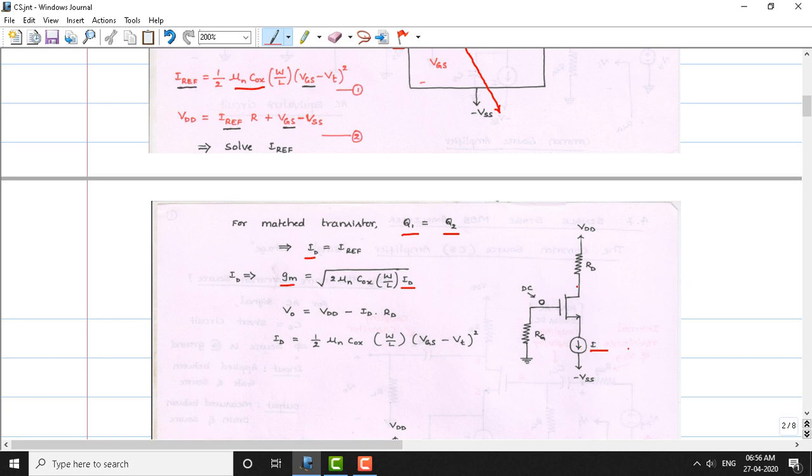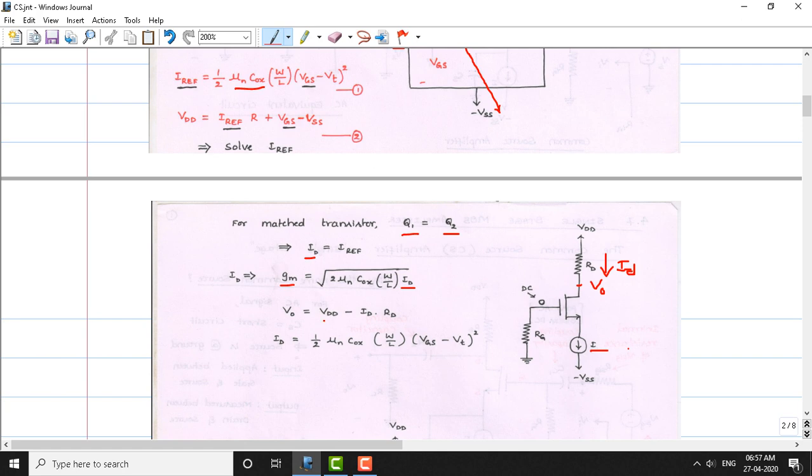Now, if you apply KVL here, we can get the output voltage equation. V naught equals VDD minus ID into RD. So V naught equals the supply voltage minus the drop across RD, where the current flowing through it is ID. That gives the output voltage, so the current flowing here will decide the output voltage.